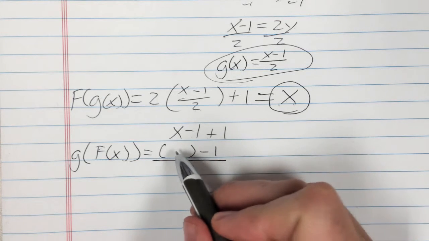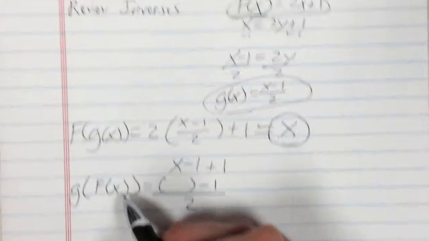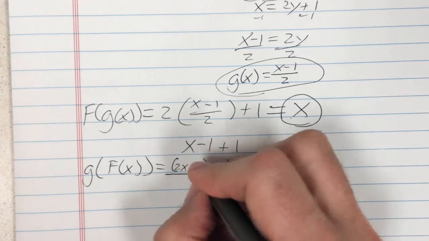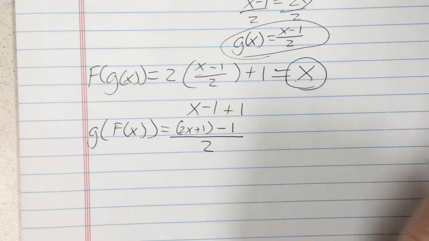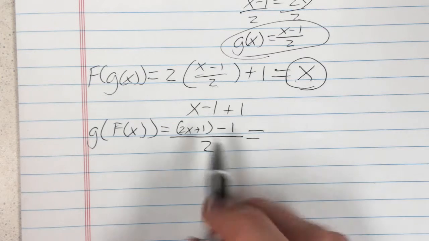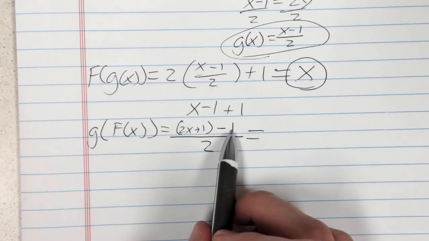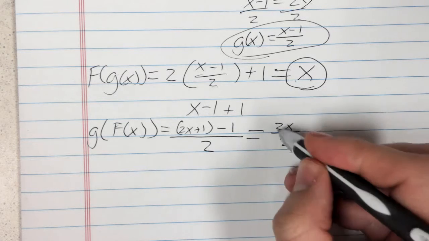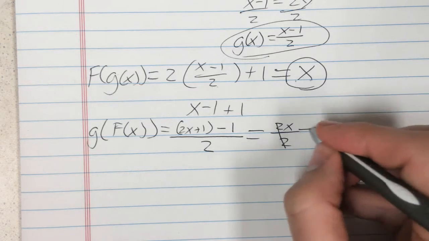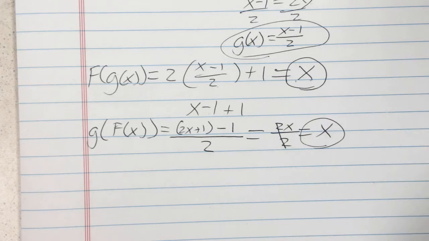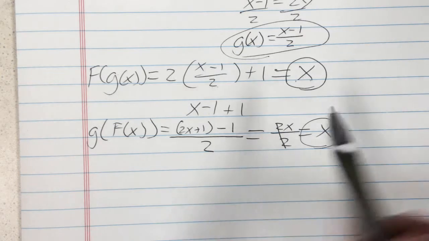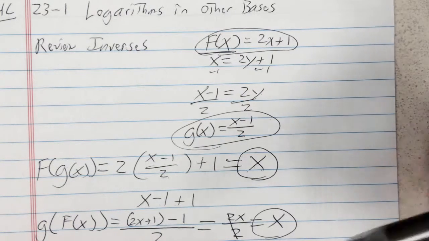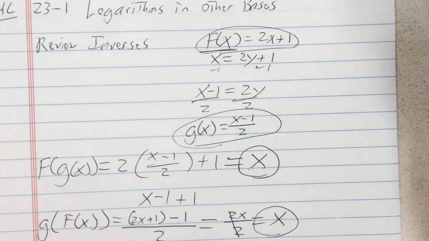And instead of that x, we're going to plug the whole f of x function, which was 2x plus 1. Well, 2x plus 1 minus 1 is just going to be 2x divided by 2. 2 divided by 2 is 1, and so it equals x. So here we're able to prove that f of x and g of x are inverses.